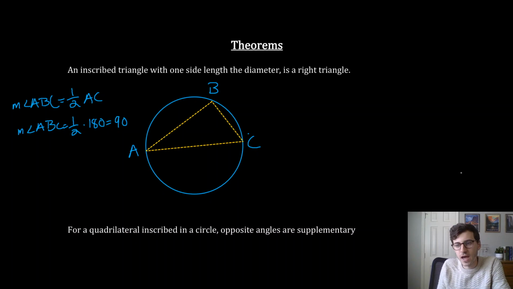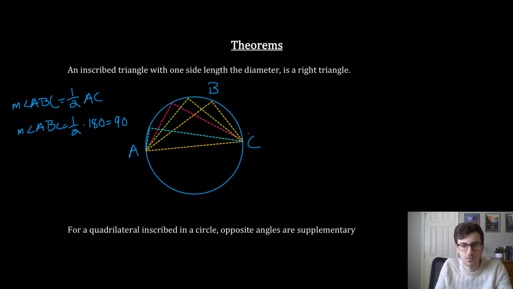And you could draw that as long as it's intercepted. You could draw any number of right triangles, right? You could draw a right triangle here. You could draw a right triangle here. Any of these, even like here is a right triangle.